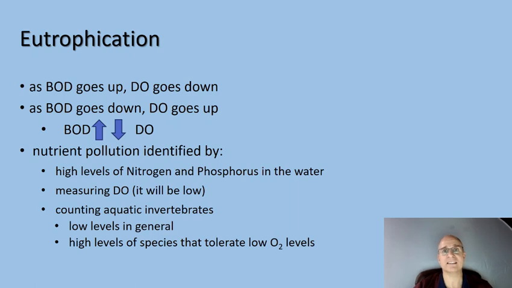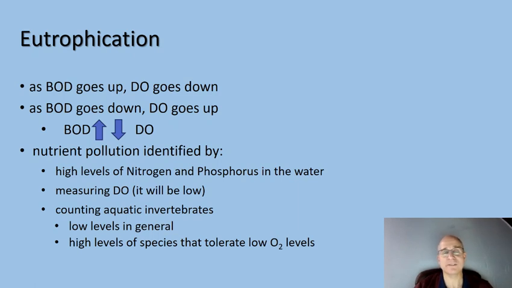Or if we find some species of invertebrates that tend to tolerate low oxygen levels, like these little critters called bloodworms. If we're going out and we only find bloodworms in the water, and they're called bloodworms because they have this red hemoglobin-like molecule which allows them to bind the oxygen and thus survive in those low oxygen levels.